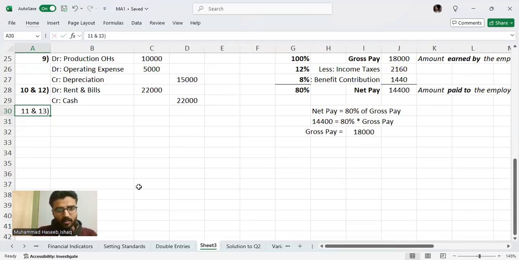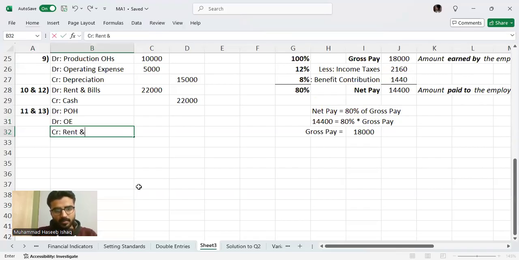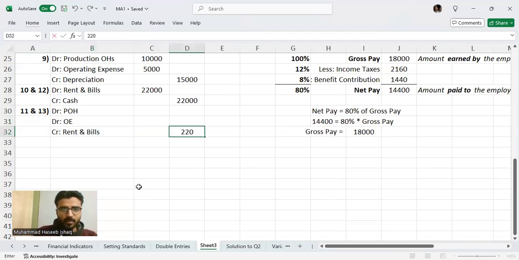We are doing a double entry for this. So debit production overhead and debit operating expense and credit rent and bills account. So everything that came to the rent and bills account, the 22,000 balance, is now being transferred to the production overhead account and operating expense account.